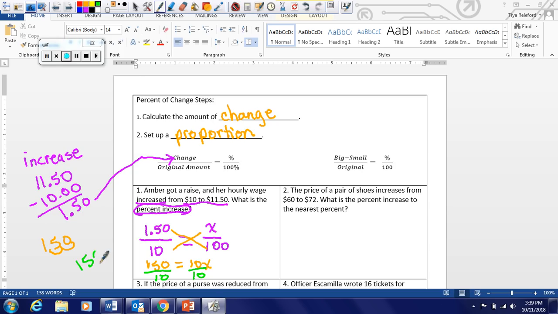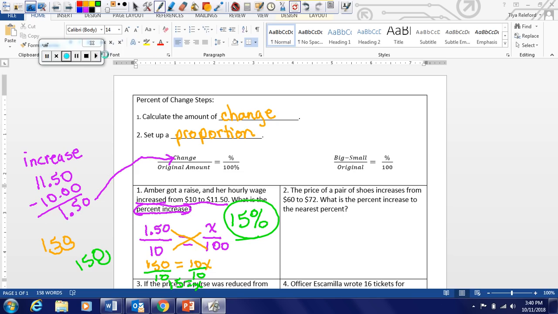Which 150 divided by 10 is 15. So the only thing different from yesterday to today is that you have to subtract.